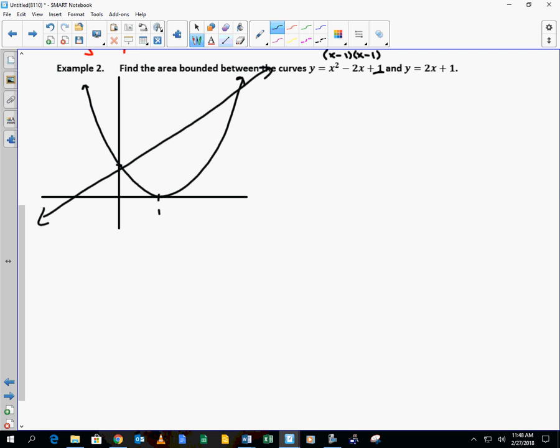So if I want to find the area, I'm going to consider the height. Yeah, it's a rectangle. So what is the top?